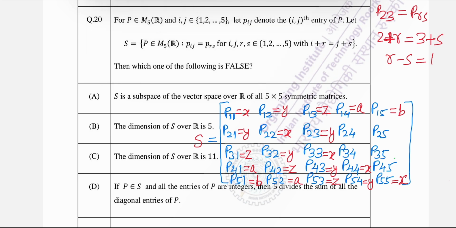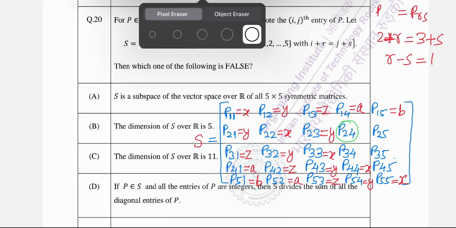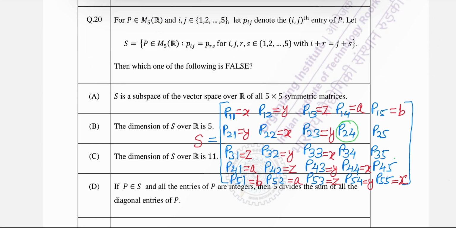Now the next entry, I enclose that entry, and that is P24. For this I work here. I write P24 in red, and I impose the first condition. This will be equal to RS, and now I impose the second condition.